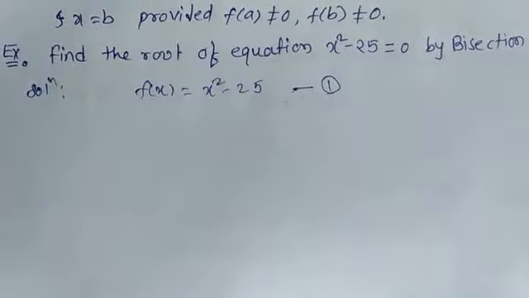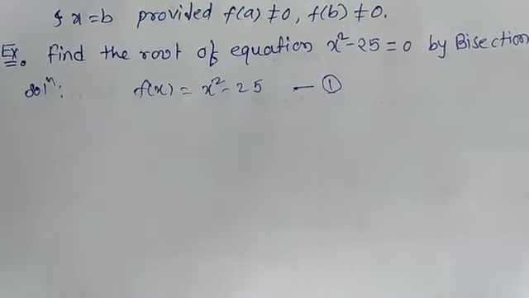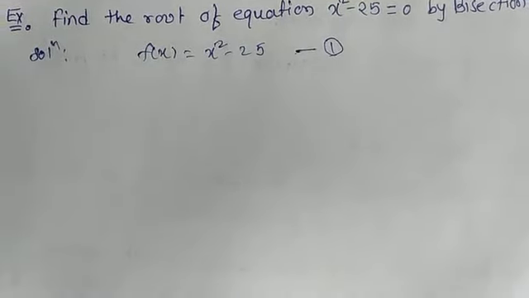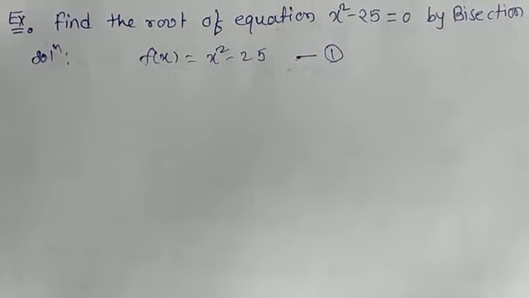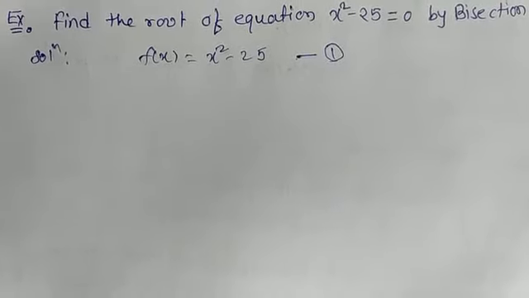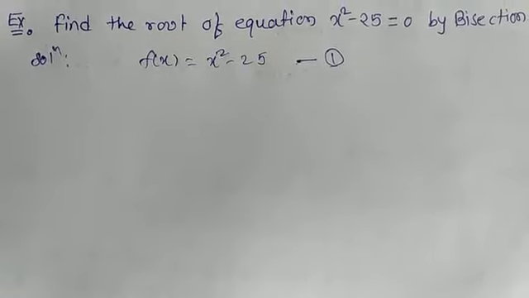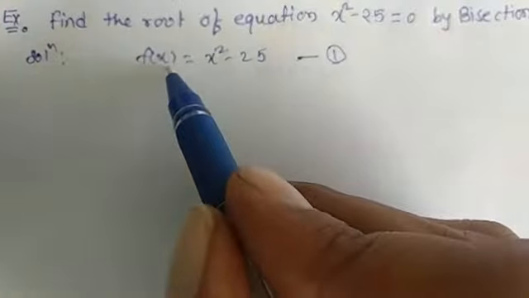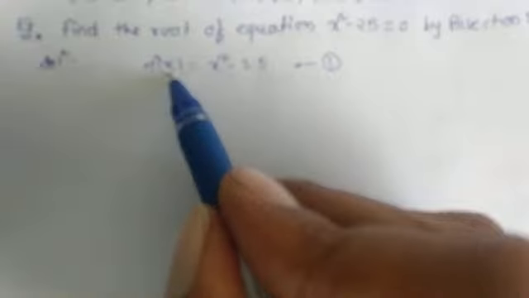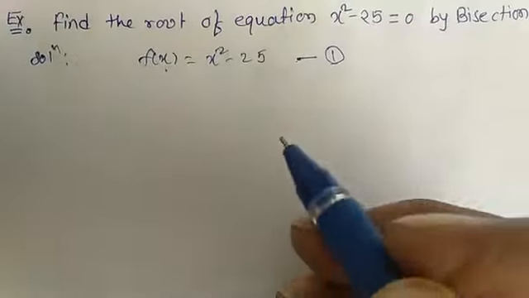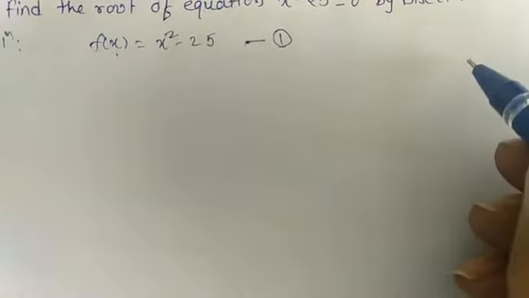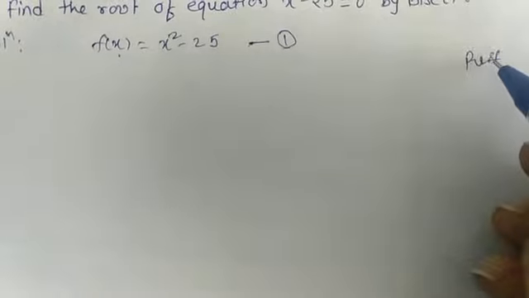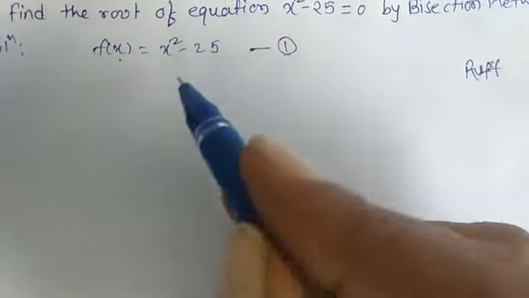Now we first have to find values of x such that f of x has opposite signs, that is, one positive and the other negative. So here we take a rough calculation for x square minus 25.